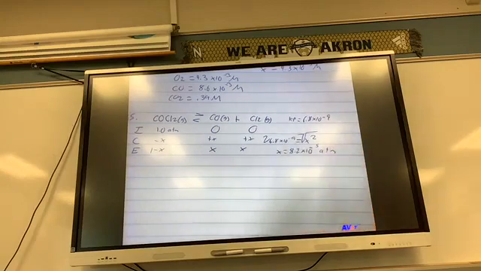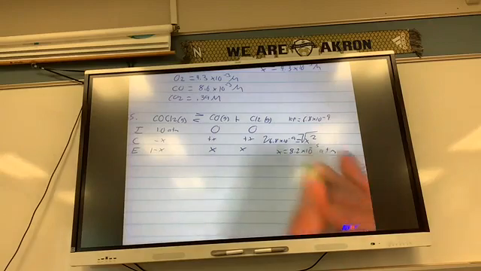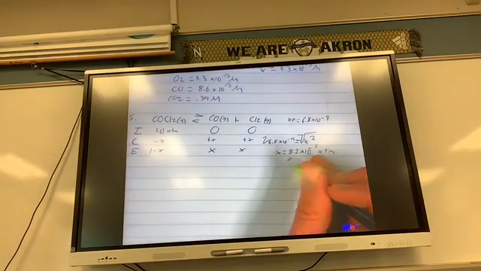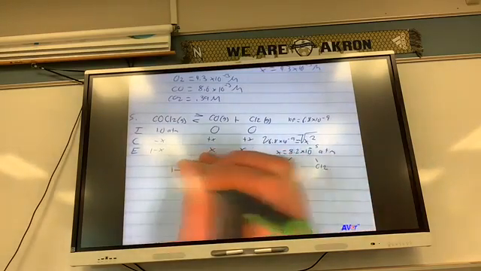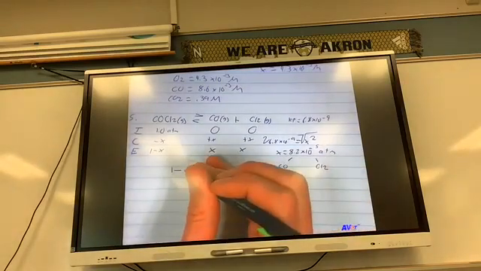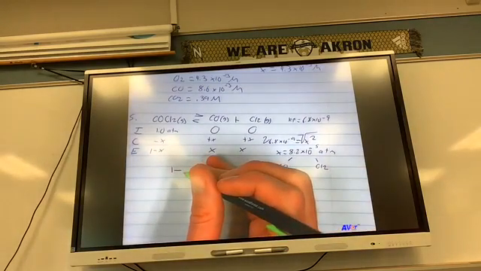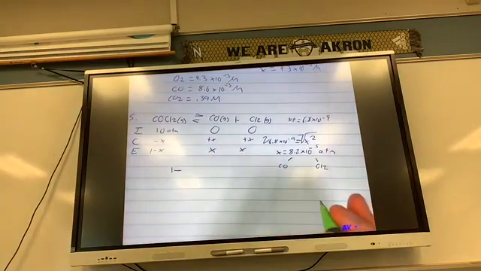But they're asking for the equilibrium pressures of all species. So this is going to be for CO, it's going to be for Cl2, and then I have to do 1 minus that to get the other one.